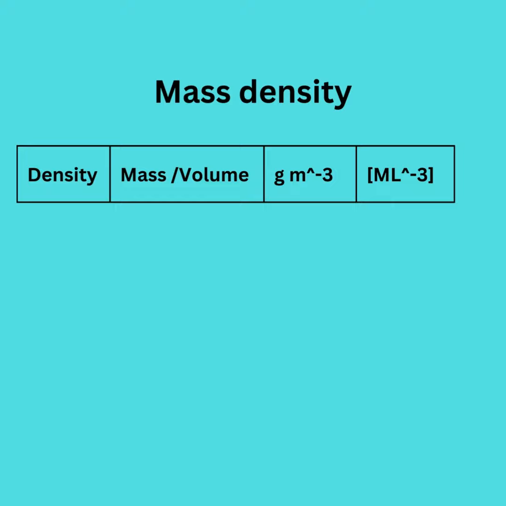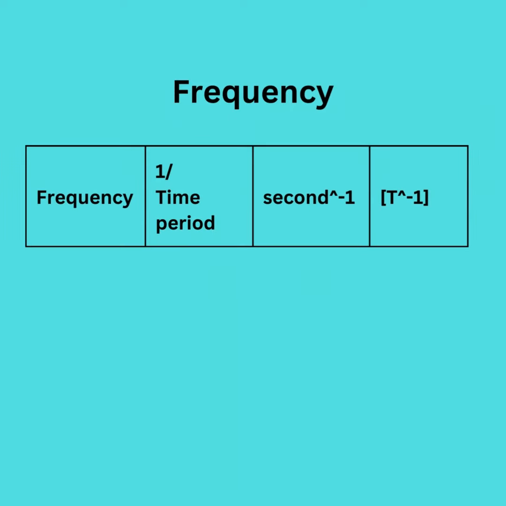Next, coming to frequency. Anybody knows the definition of frequency? The number of oscillations done in 1 second is called the frequency of a particular object. What is the formula for frequency? 1 by time period. So its dimensions are: 1 by, in square brackets, T for time period.